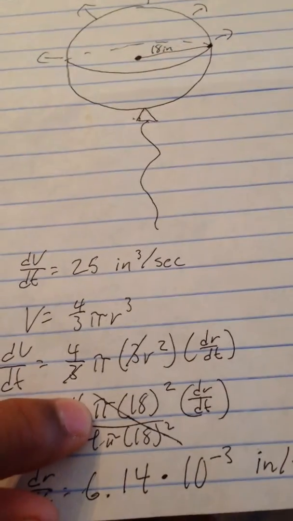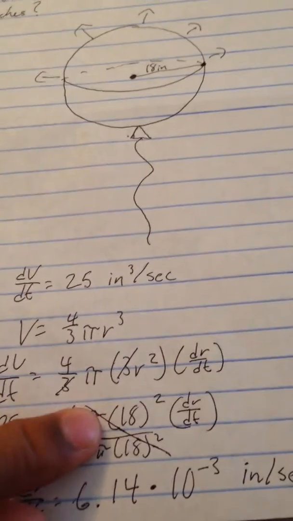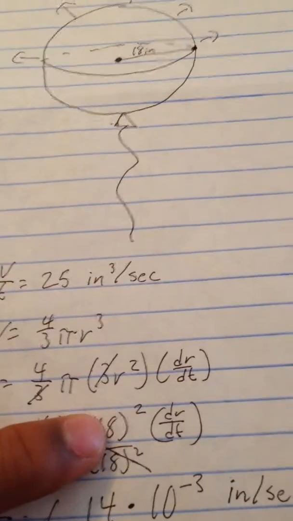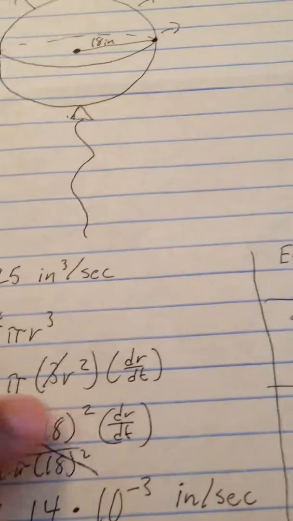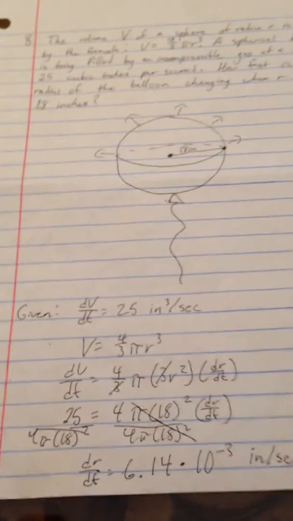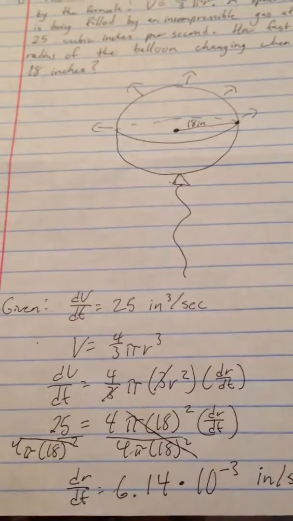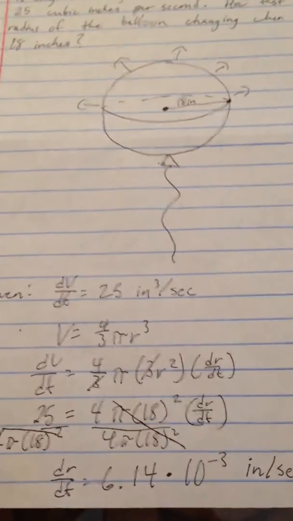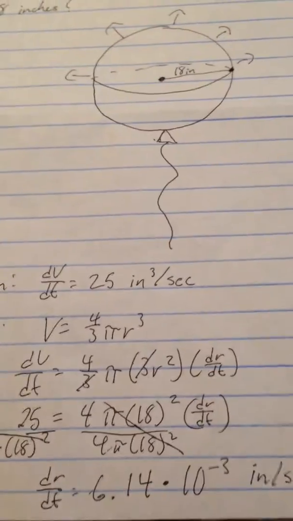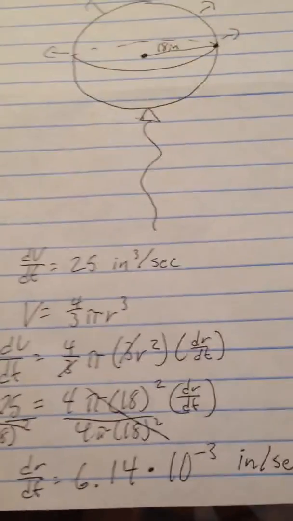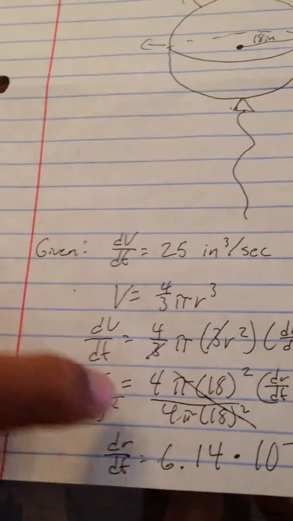Now I'm just left with the 4 and the pi, and then 18 instead of r, because the radius was told to us to be 18 inches. I keep that dr/dt because it's still a variable. So now you can see we only have one variable, so by algebraic methods we're going to solve for it. We just divide by 4 pi times 18 squared on both sides, as you can see I did here.